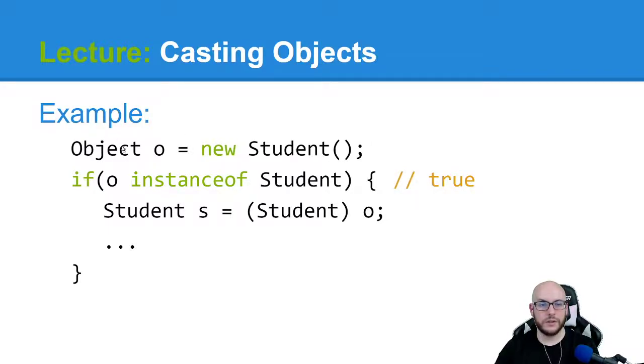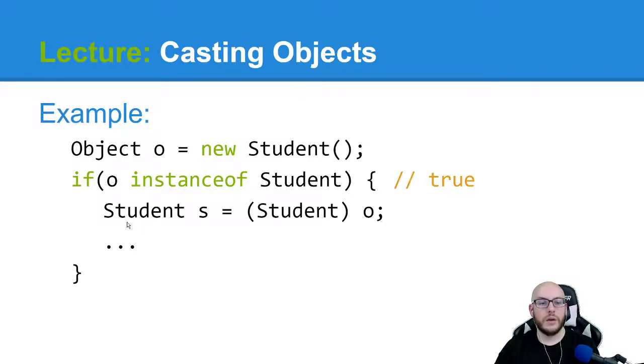Here I have object O, and that is going to be a new student. I can do this because student is equal to or beneath object in the class hierarchy. So this works right off the bat. I'm going to ask, and this is the reason instanceof exists, is O an instance of student? Is the runtime data type an instance of student? Yes.